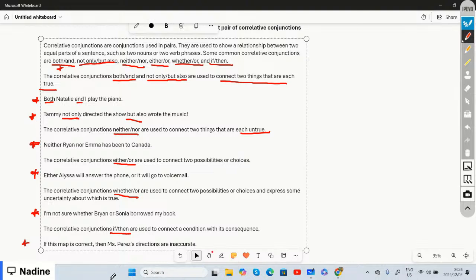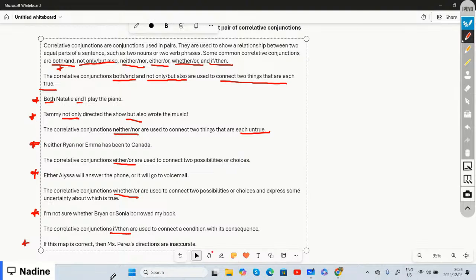One of the common correlative conjunctions is both or and, not only but also, and it basically connects two things that are true. Not only but also also shows that it is true.